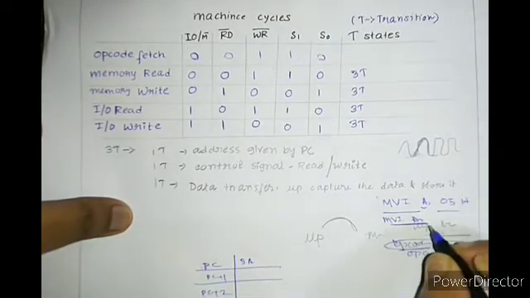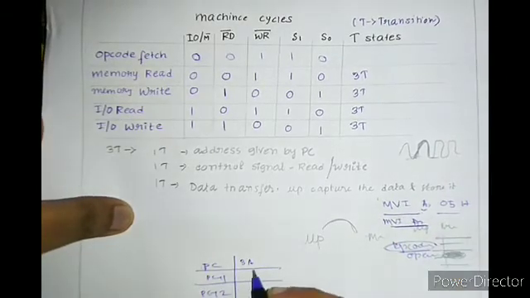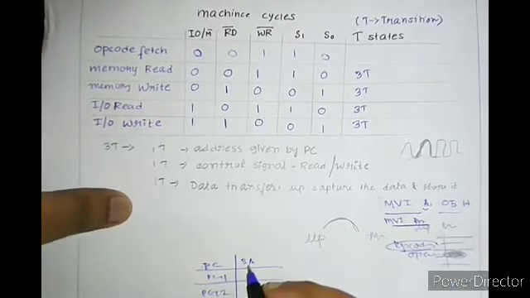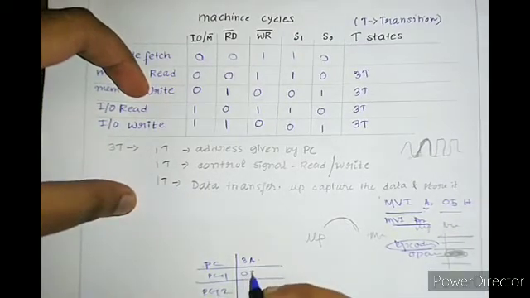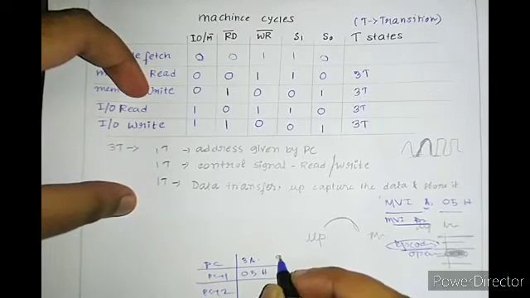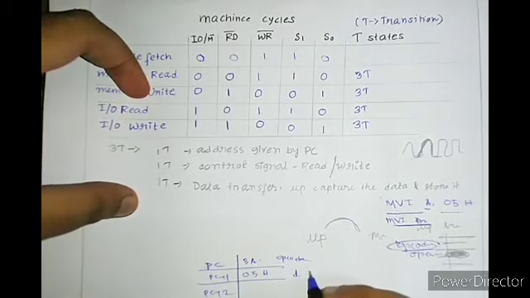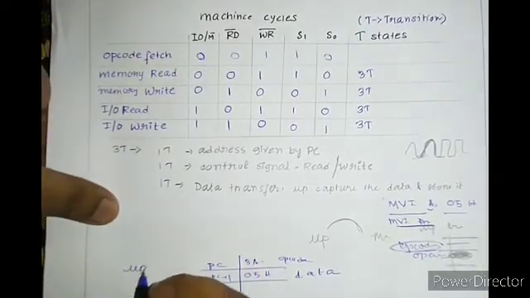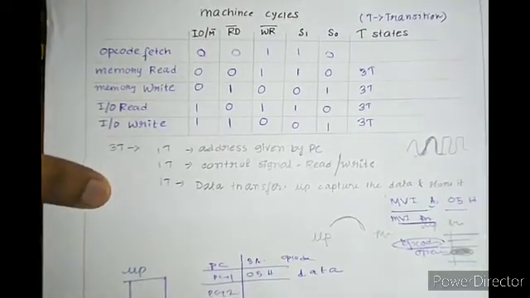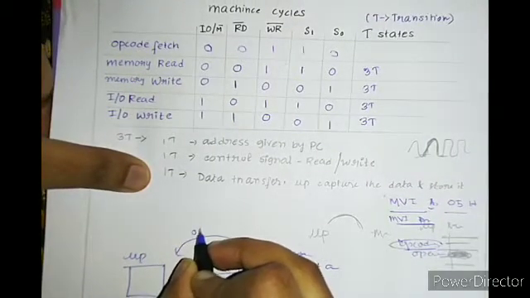It's a 2-byte instruction, right? 1 byte for this, 1 byte for this. In one memory location we can store only 1 byte at a time. So 3A, and on the next it's 05H. This is my opcode, this is my data. Now I am the MUP. First step, fetch the opcode, OF.